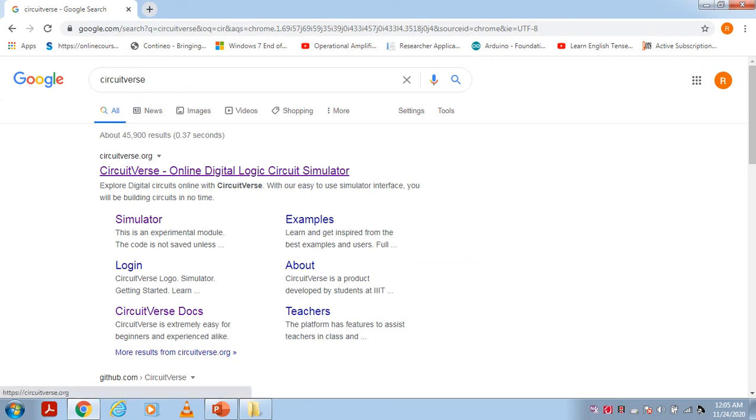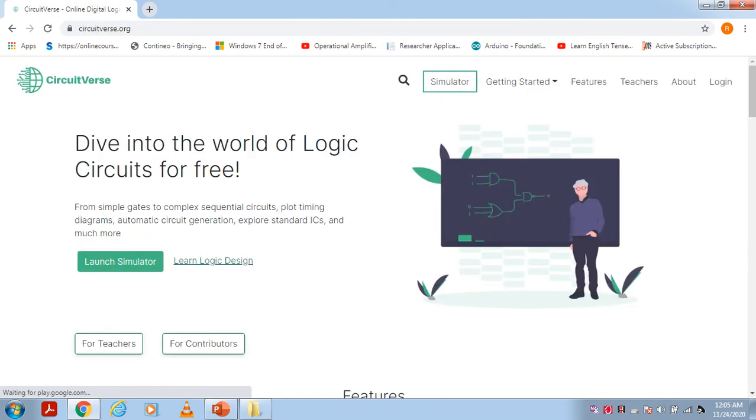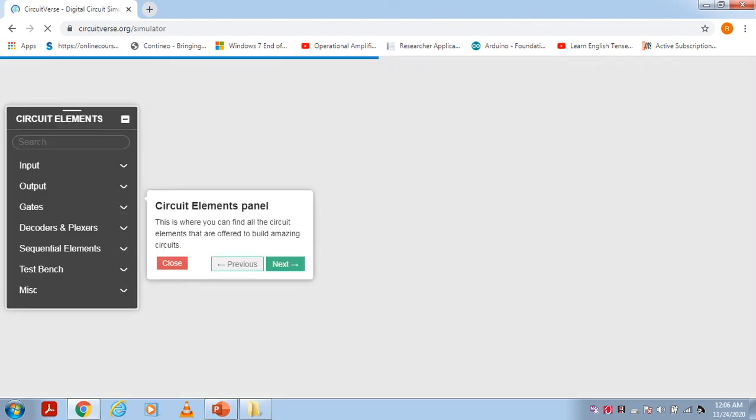Just click on this CircuitWiz. Already we have implemented the study of basic digital ICs.